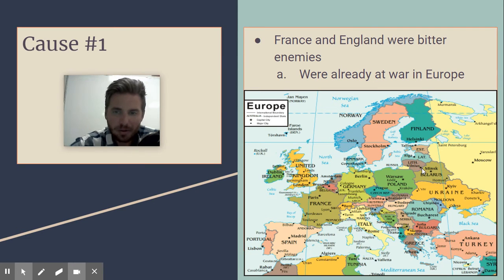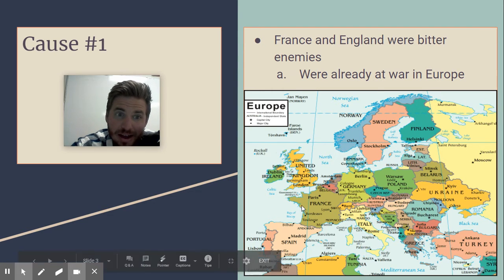Make sure that you understand the geography of Europe a little bit. The countries that I really need you to know, just for our sake in American history: I need you to have an idea where England, the United Kingdom, is, where France is, and where Spain is. If you know where Spain is, you know where Portugal is, and then Italy. Those are the countries you need to focus on.